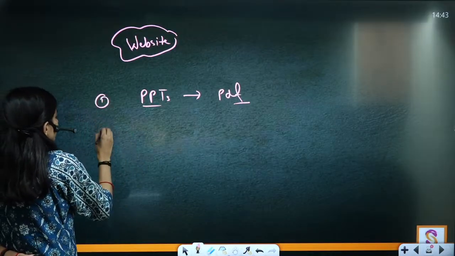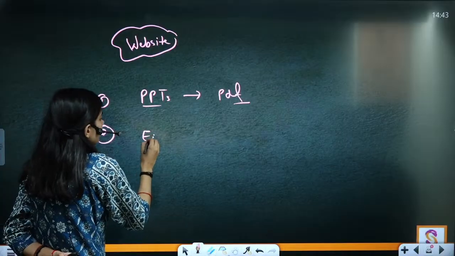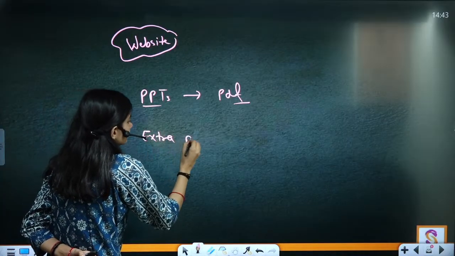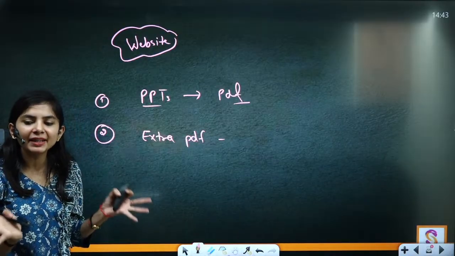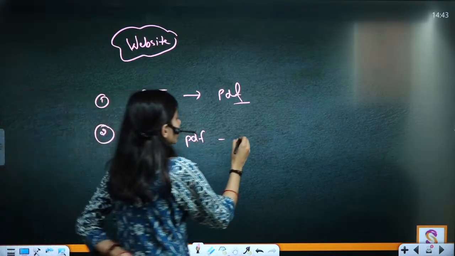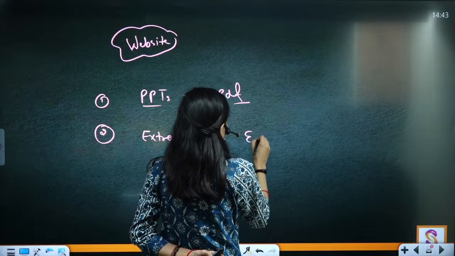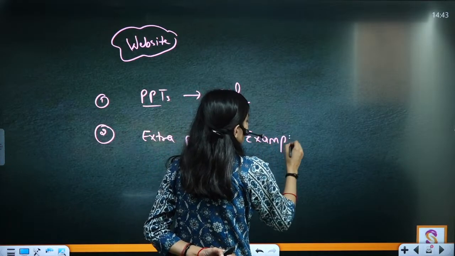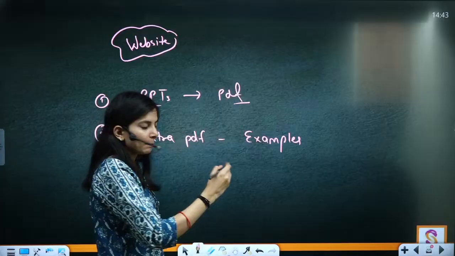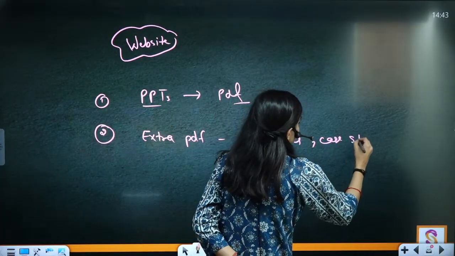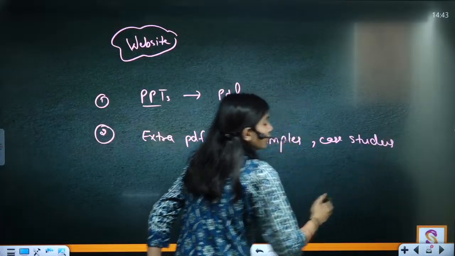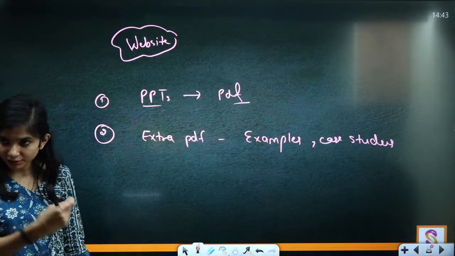Other than this, I will provide extra PDFs, and these are unit wise. I will provide a complete compilation. It would include extra material like examples, unit wise examples and some case studies. These are other than the classes, and you can use them in your test paper.